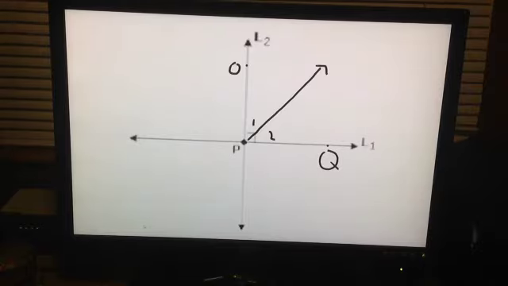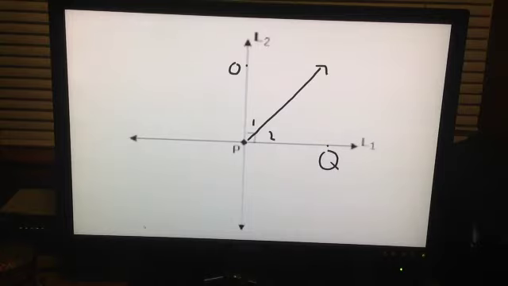Angle OPQ is a right angle, and that's because perpendicular lines intersect to form 4 right angles. The measure of angle OPQ is 90 degrees, and that's the definition of a right angle.